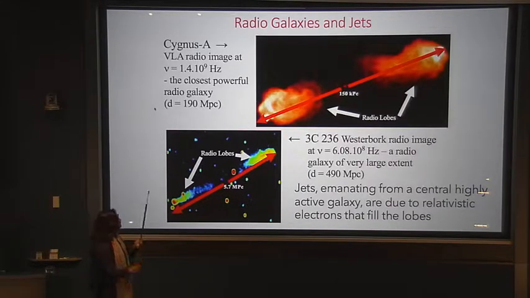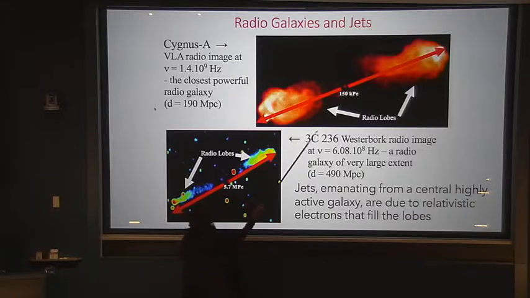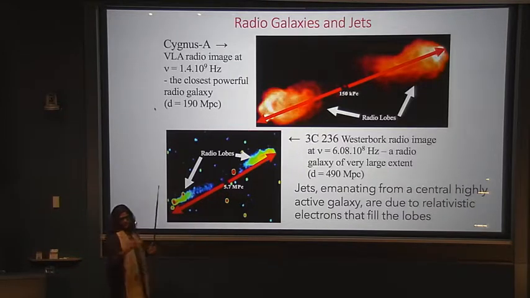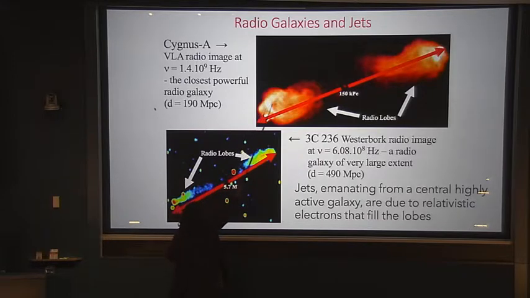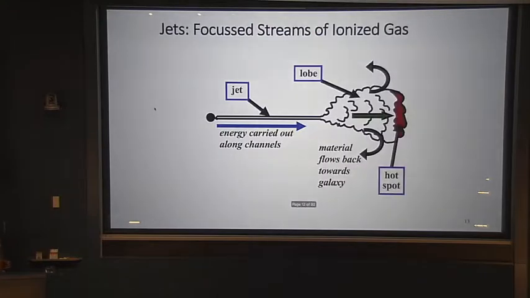But then there's a hot spot where the jet hits the ISM material, shocks, glows, and you see the hot spot. So essentially, this is what we think is happening in a cartoon. And you have some material that probably flows back, and so on.